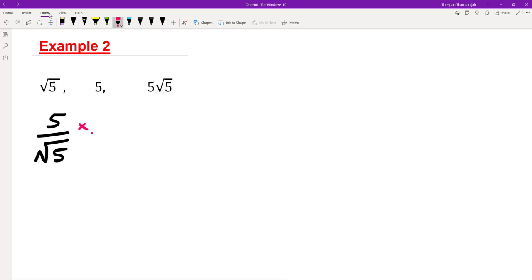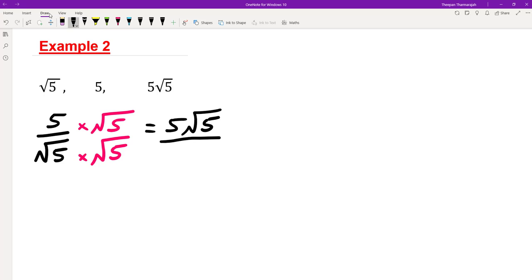So we're going to multiply the top by root 5, multiply the denominator by root 5, and what we end up with is 5 root 5, all divided by root 5 times root 5, which is 5. The two 5's cancel out, so we end up with root 5. So the common ratio is root 5.